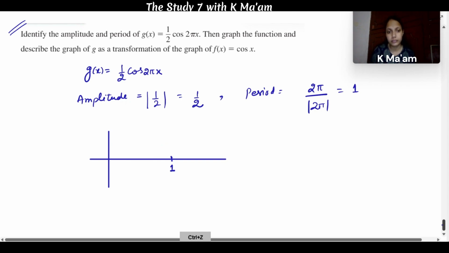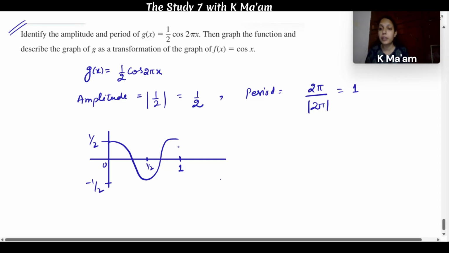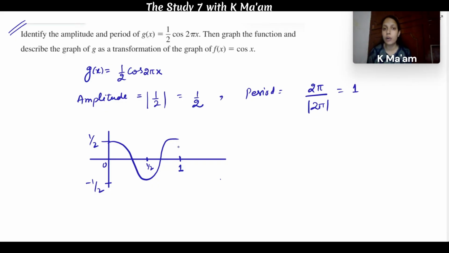That's it. Here you can consider it like this. This value is half, this is negative half, period is 1, this value is 1 by 2, this is 0. Don't ask why it's not pi, because now the x values are without pi. So this is the graph.